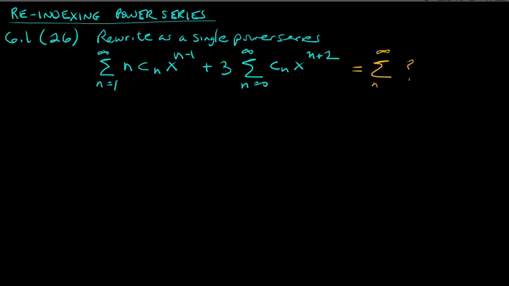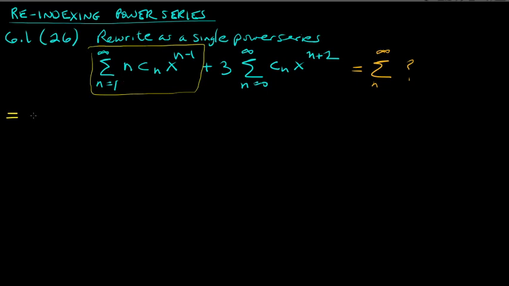So one way to do it is just to write out the terms. Going forward, I'll show you a different way of essentially renaming the n's using a different index, say k. But for now, I'm going to write out the first few terms of each series. Let's start with the first one.